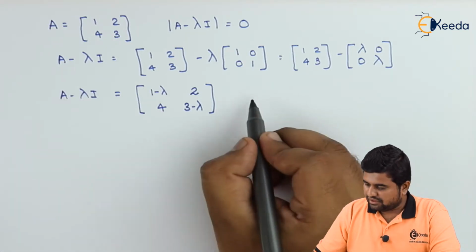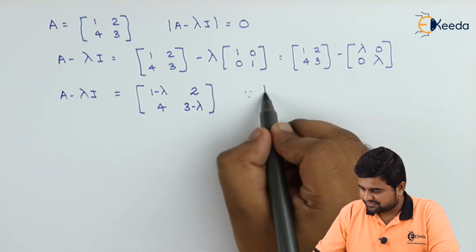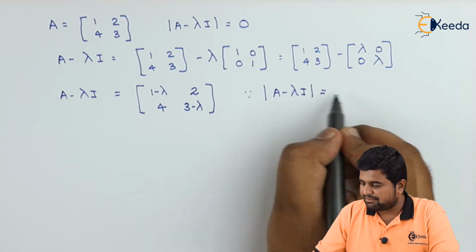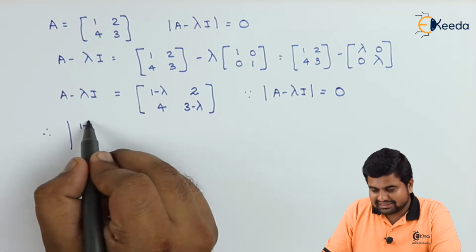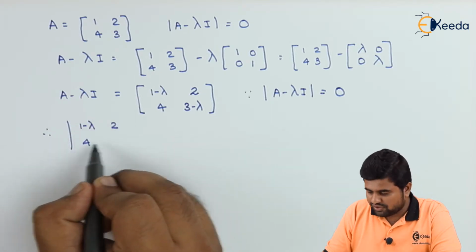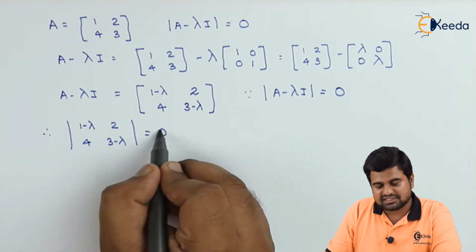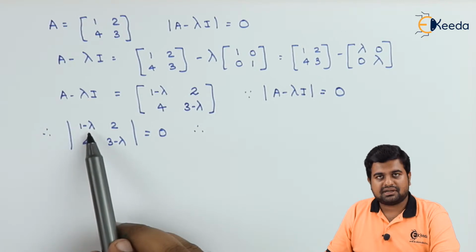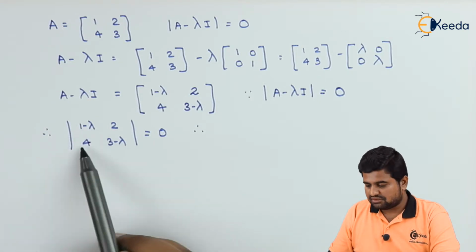Now let us consider this equation. Since the determinant of A minus lambda I is equal to 0, the determinant of 1 minus lambda, 2, 4 and 3 minus lambda is going to be 0. As we know, the value of the determinant is calculated by cross multiplication minus this.